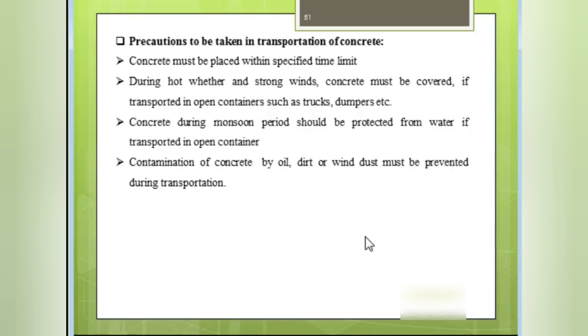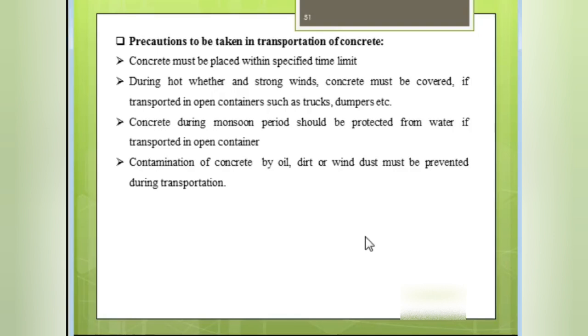Exactly. The internal ingredients should not segregate, because at the time of transportation on the roads there are some not-so-smooth road pavements. In that case, due to the shaking of that container, the heavy particles will settle down. This should not happen.